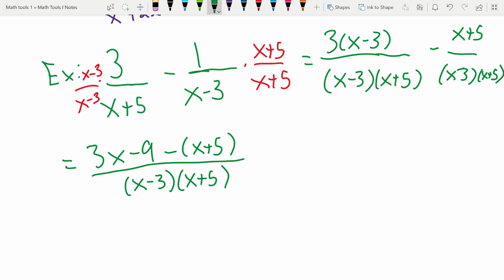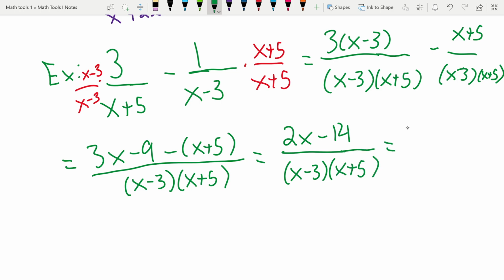Now we'll do the subtraction on the top here, and we'll get 2x, right? Because we get 3x minus x. And the negative 9 minus 5 will be minus 14. So x minus 3, x plus 5. We can pull a 2 out of that to see if there's a common factor, but in this case, there will not be.